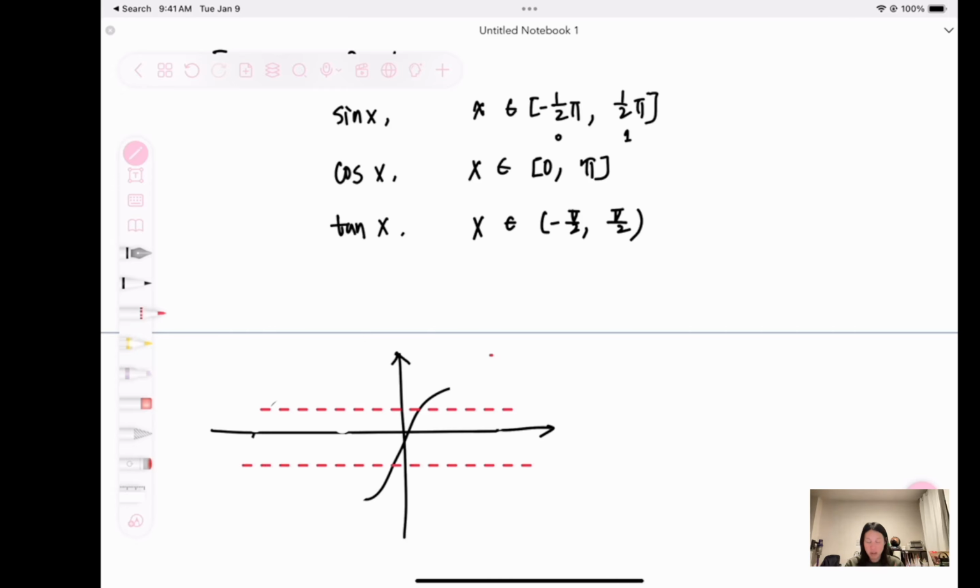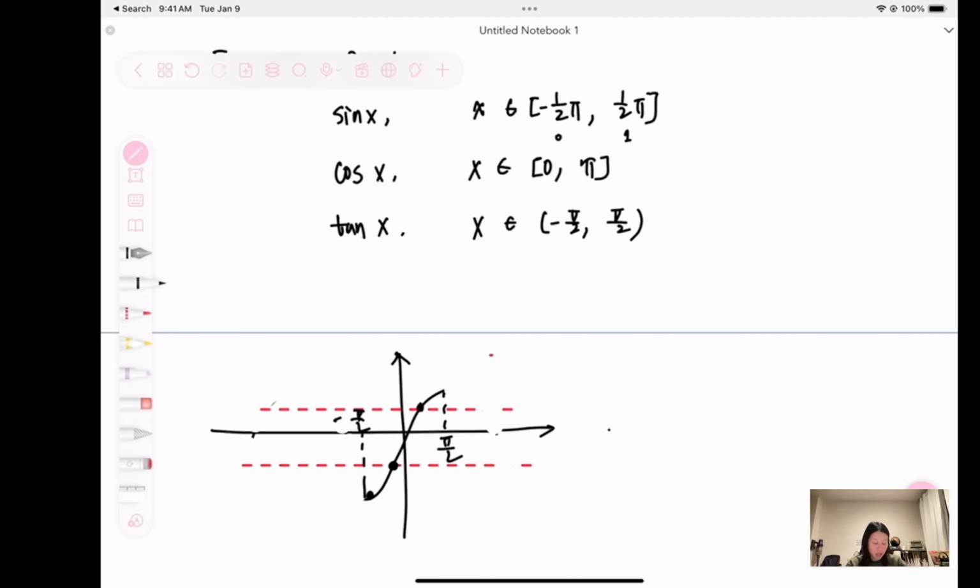Every time you draw a horizontal line, it will only intersect with sine at 1 point. That's why we want to restrict them from -1/2 to 1/2. Because if you extend those and complete the whole graph, you will notice that this is going to fail. Look, the top horizontal line already intersects the function twice. So I just want it to be restricted from -1/2 to 1/2 pi.